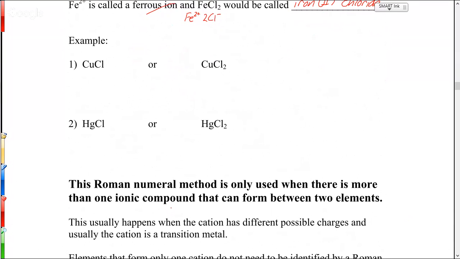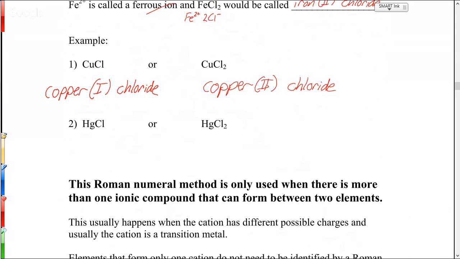Yeah, so the second one would be copper 2, and the first one would be copper 1. See how that works? Then the same thing with the next one with mercury.